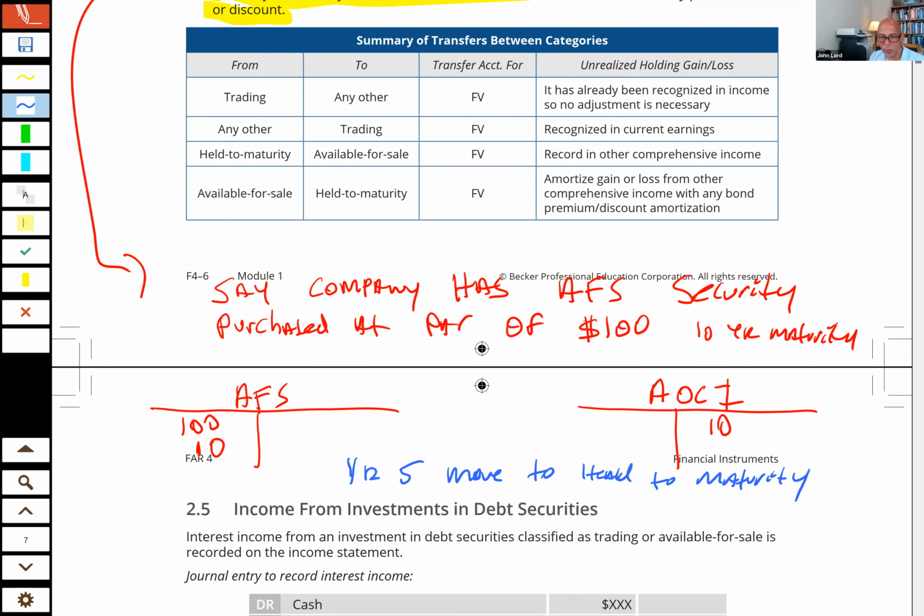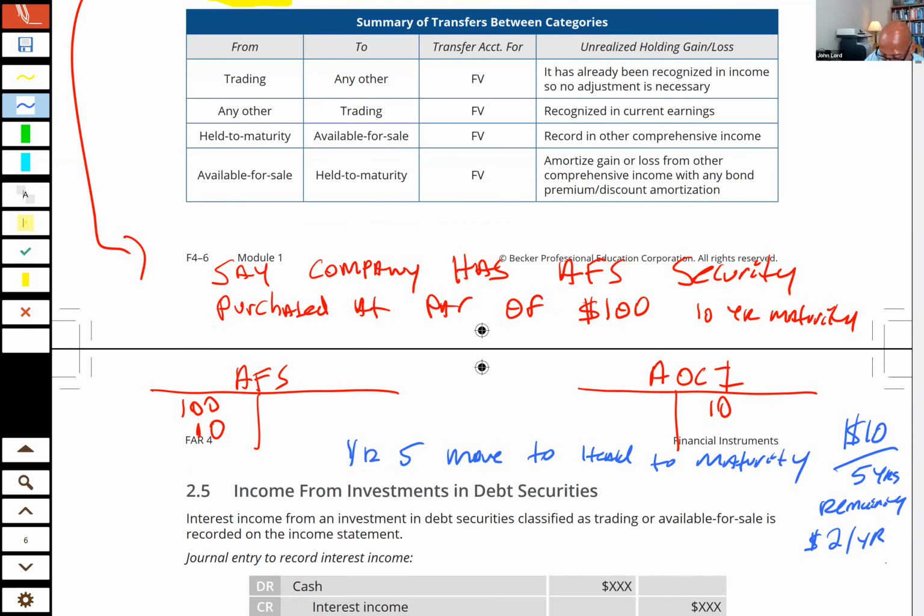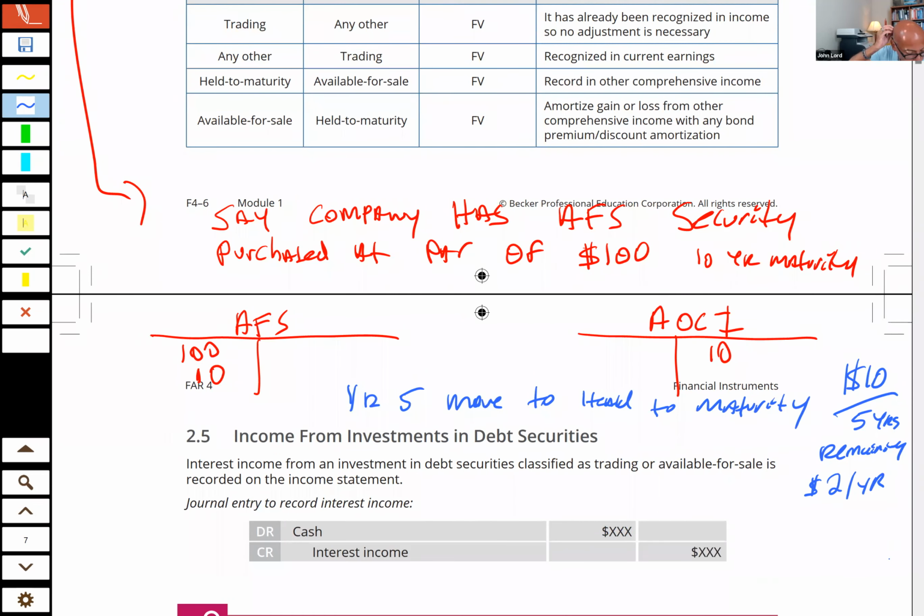Of $10, don't they? Okay, so they would take that $10, they would divide it by what? Now the 5 years remaining. And so that means they're going to amortize what? $2 per year.